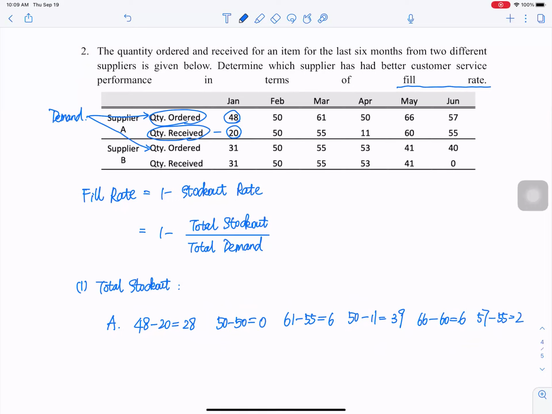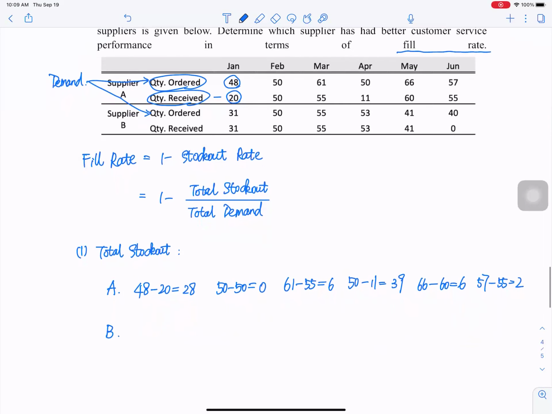And then for supplier B, similarly, we can calculate the stock out for each month by using quantity ordered minus quantity received. So for January, we have 0 stock out. Similarly, for February, we also have 0 stock out.